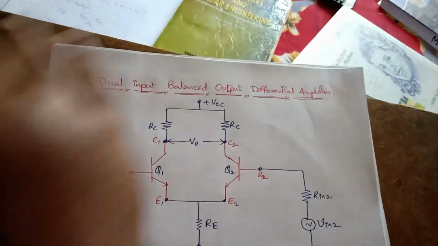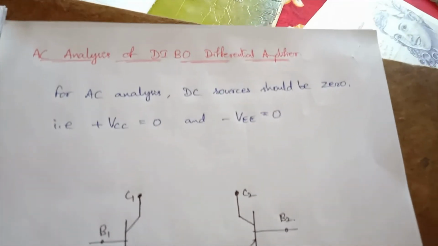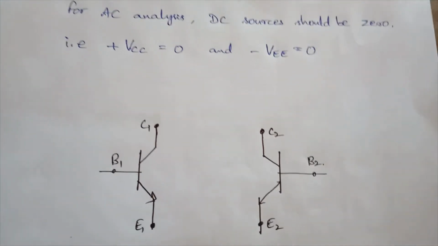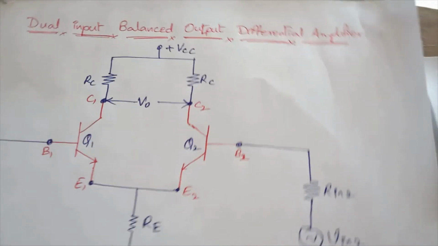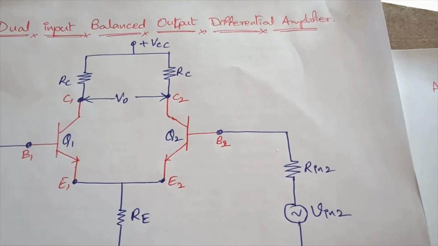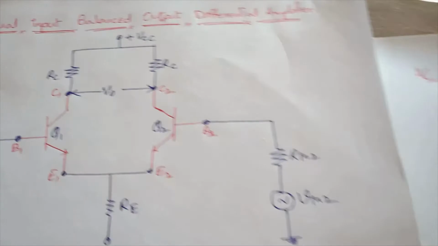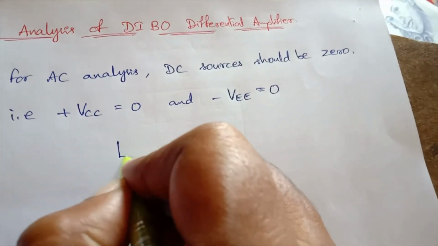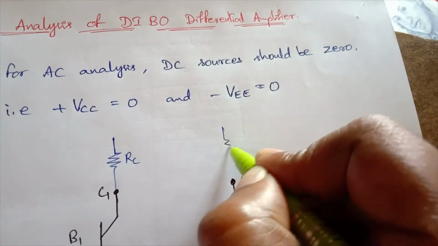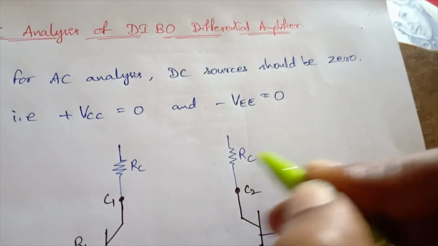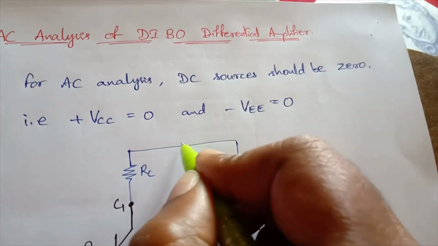Let's redraw the circuit for AC analysis. For AC analysis, DC sources should be 0, that is plus VCC equal to 0 and minus VEE equal to 0. Just see the circuit. We have two resistors at the collector terminals C1 and C2. I draw the resistors the same as this. So this is RC, and at collector 2 also we have a resistor RC, connected together and grounded.